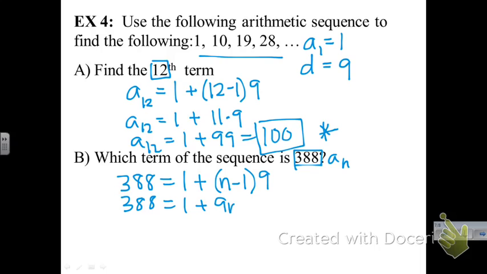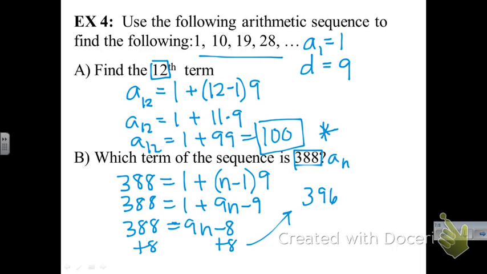Distribute the 9 through, combine like terms, add 8, I'm going to go over here, 396 equals 9n. From here you divide by 9, so you'll get n equals 44. So the 44th term of this sequence would be 388.